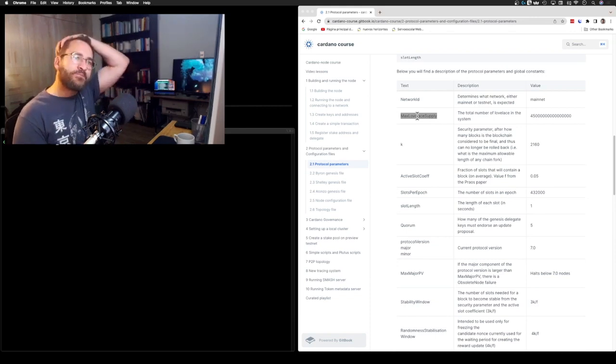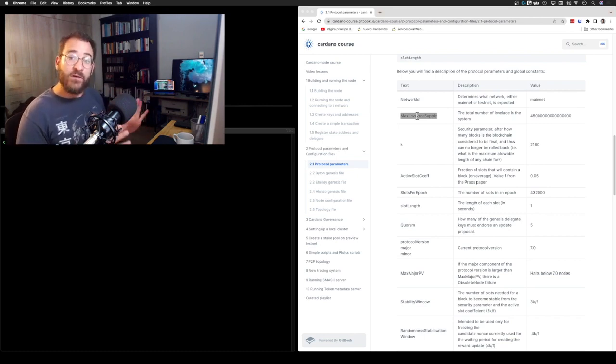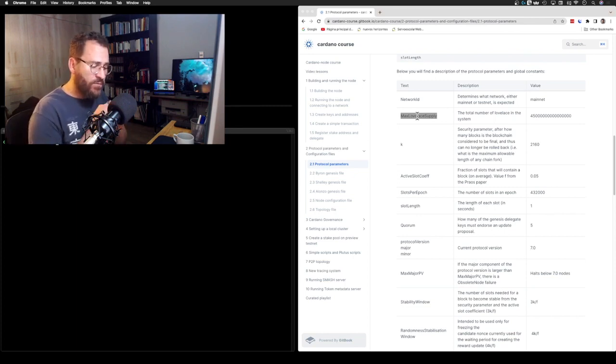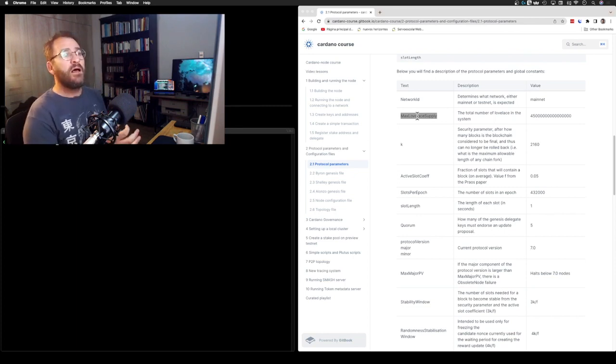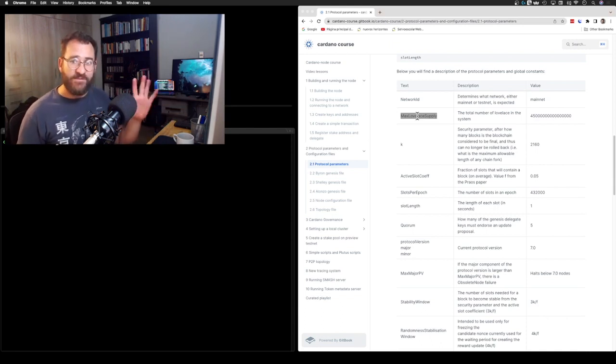So, the idea is that the system will never have more ADA than that. And it's already there. All of these Lovelace already exist. Some of them are in UTXOs, more or less 35 billion ADA are already distributed across millions of UTXOs, or at least hundreds of thousands of UTXOs.